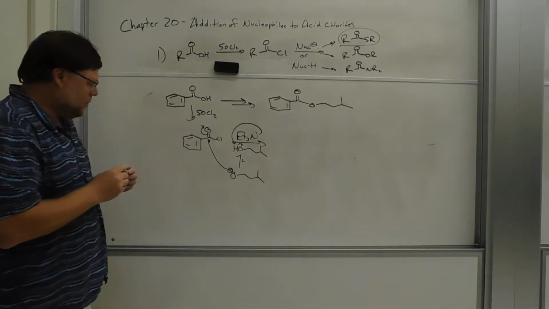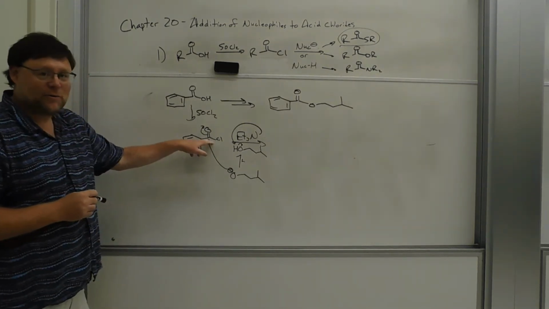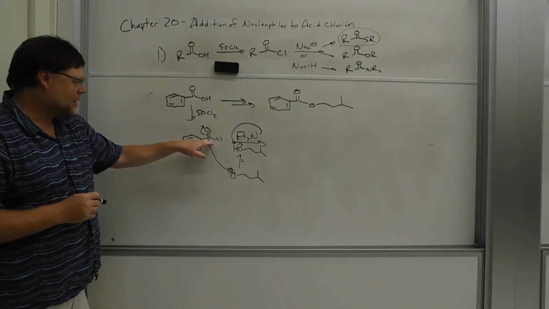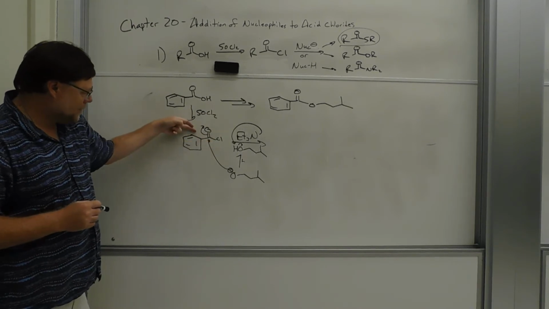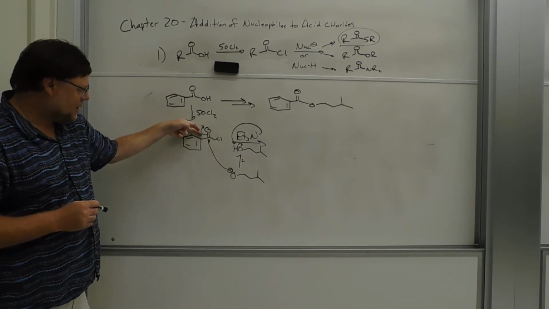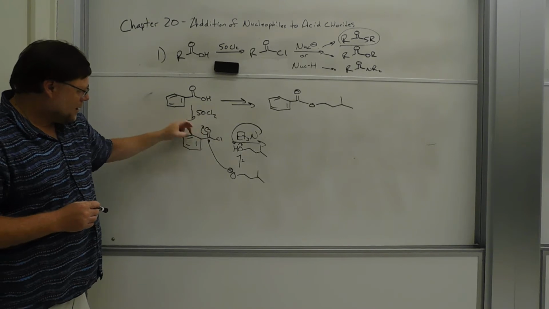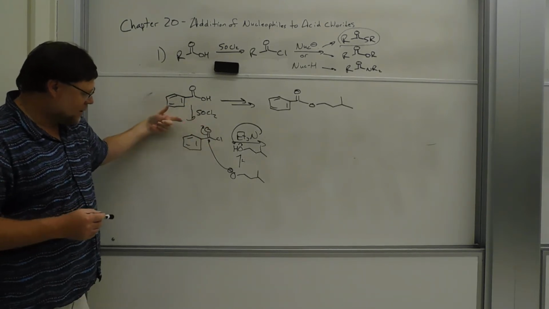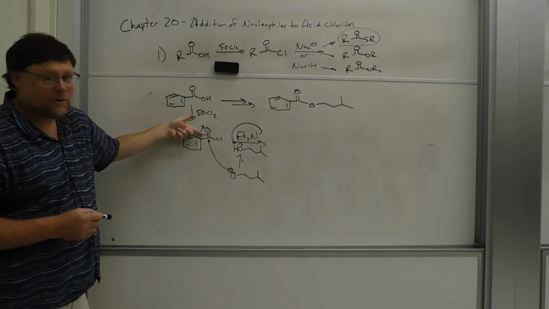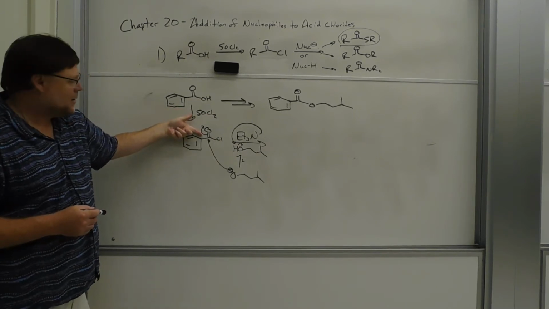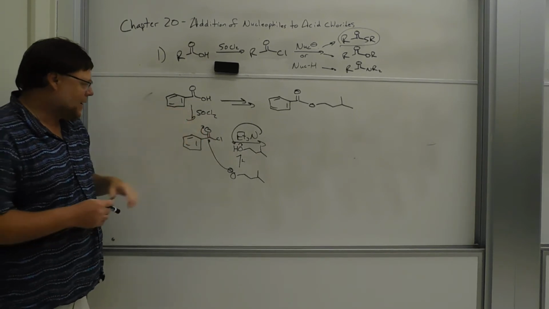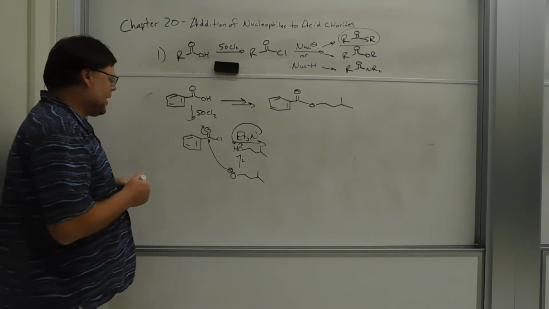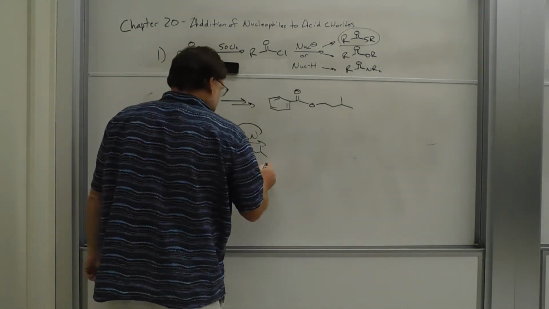And now, an important thing, you can't do a direct SN2 on this carbon. The direct SN2 would have to come directly from behind here, do an inversion, and this is protected by substituents, and this molecule is planar, so the nucleophile has no route to directly access the sigma anti-bonding orbital of the carbon-chlorine bond. Okay, so this has to be an addition-elimination.